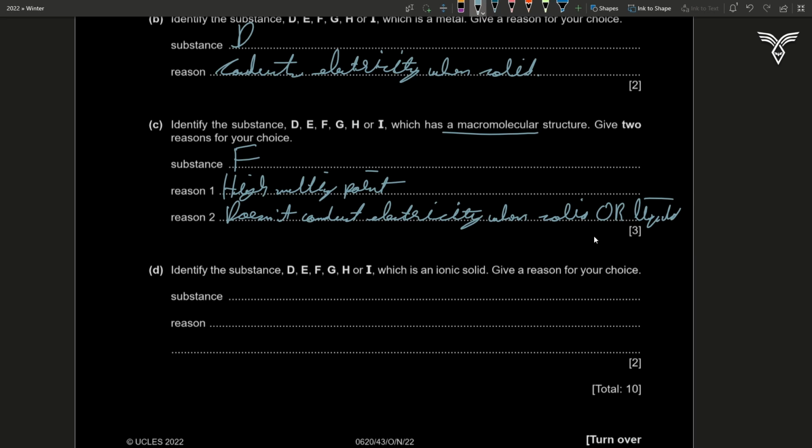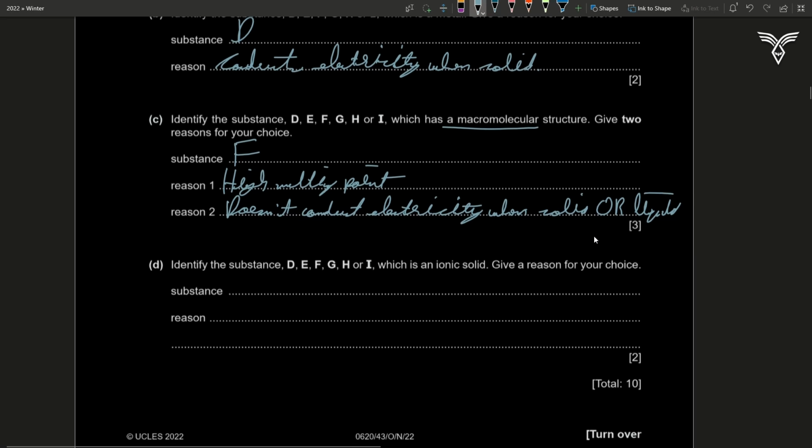So you have to mention both when it is solid and when it is liquid لأن دي هي the property.